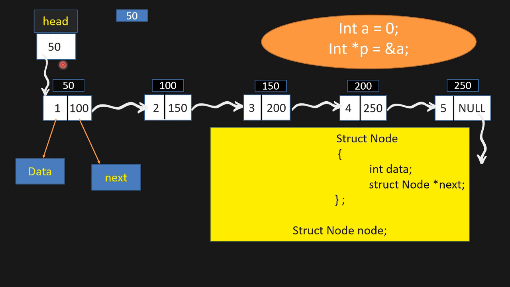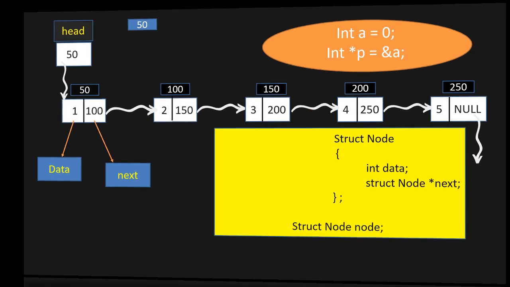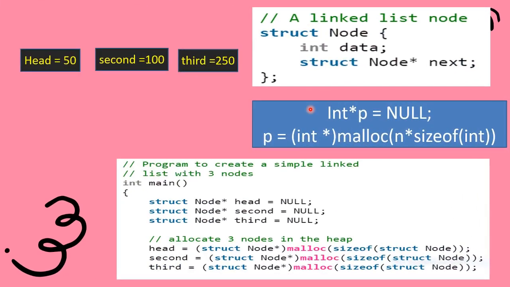We will see why we need head, because in a linked list the head is very important. It helps in traversing the linked list. Now let's move on to the next part and see the code to make a linked list.